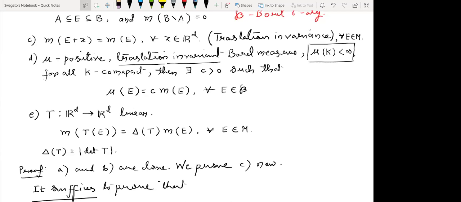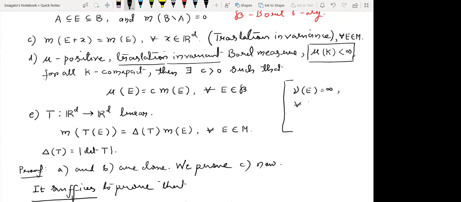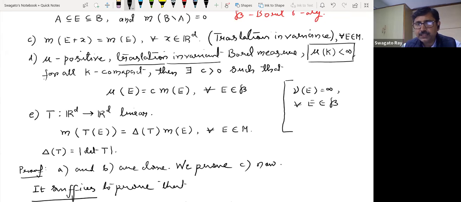No. The point is, let's have a small discussion here. On the Borel sigma algebra, suppose you define a measure nu such that nu of E is infinity for all E in P. Now tell me, is this a measure? First of all, will it be a countably additive set function?